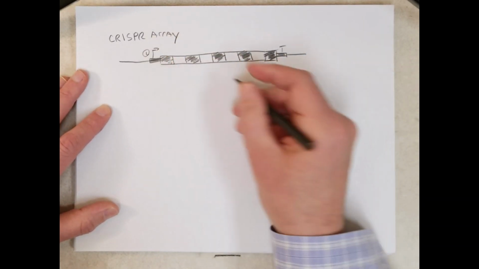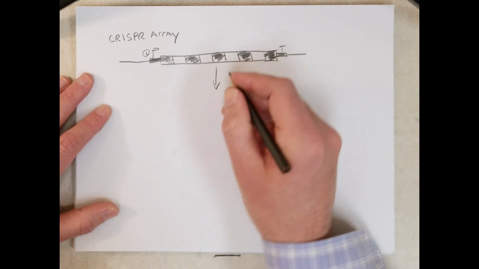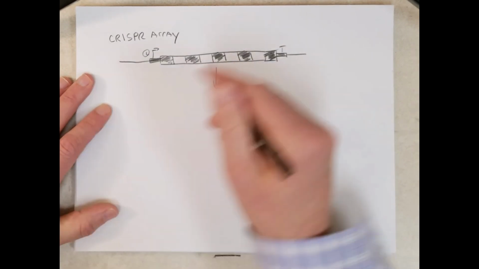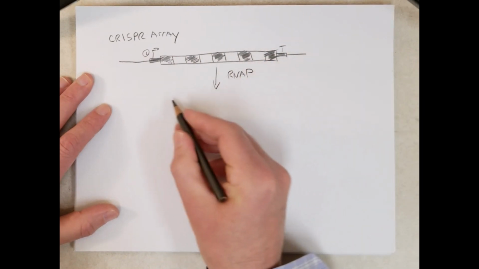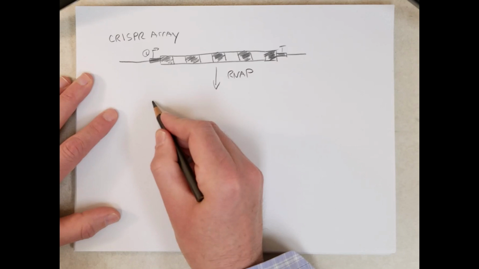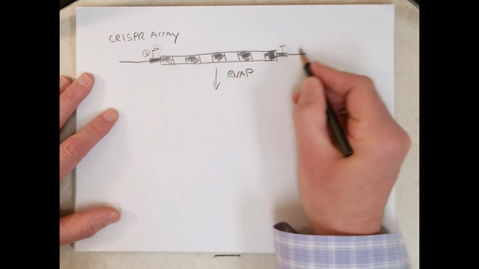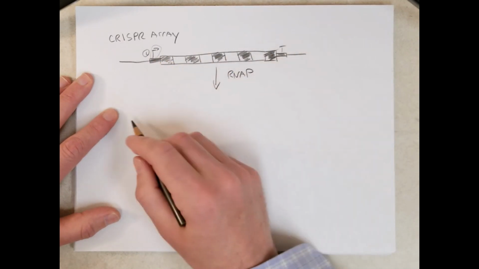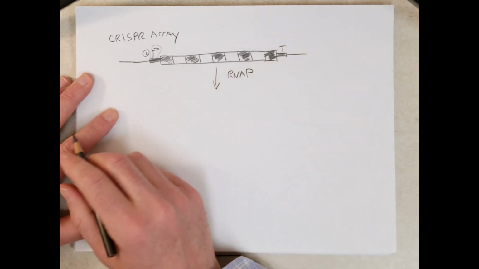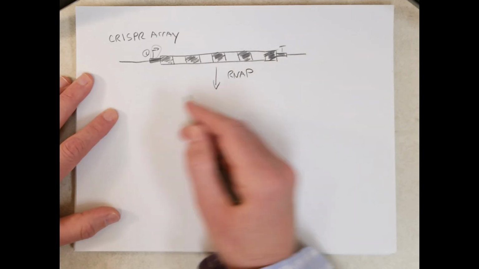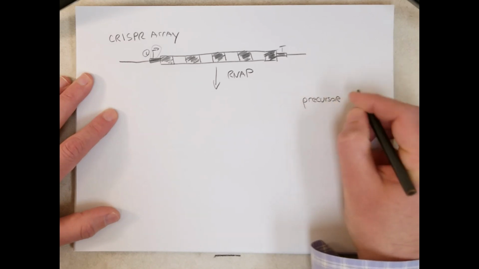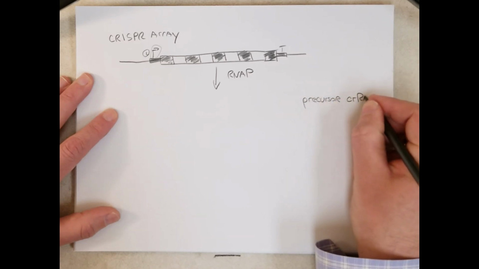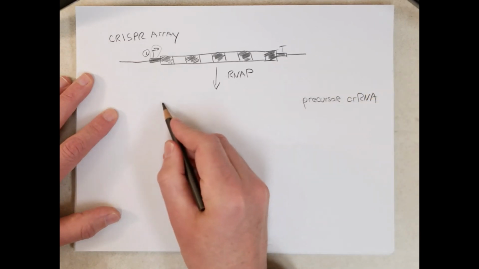And so it's going to be transcribed by what? RNA polymerase, right? And that's going to give us, here's the transcription start site, here's the termination region, or transcriptional cleavage site. That's going to give us what we're going to call the precursor CRRNA, for CRISPR RNA.